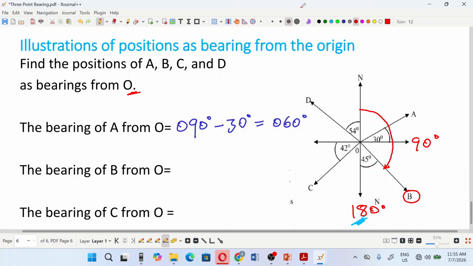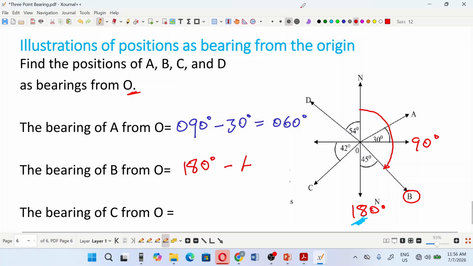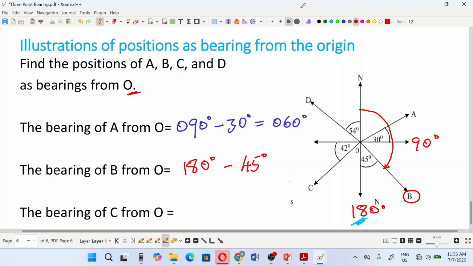Then to find that, we just have to take the 45 from the 180 degrees. So it's just going to be 180 degrees minus our 45 degrees, right? And that one is going to give us our 135 degrees, right? So here we have 135 degrees, right? So let's look at our next one, which is the bearing of C.